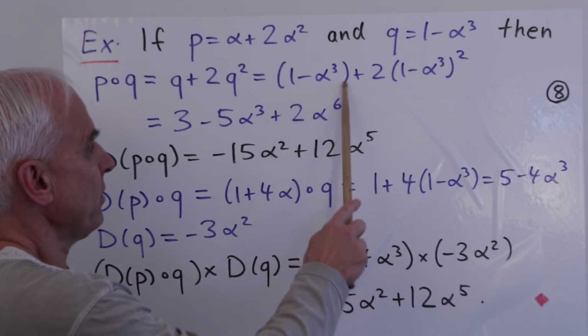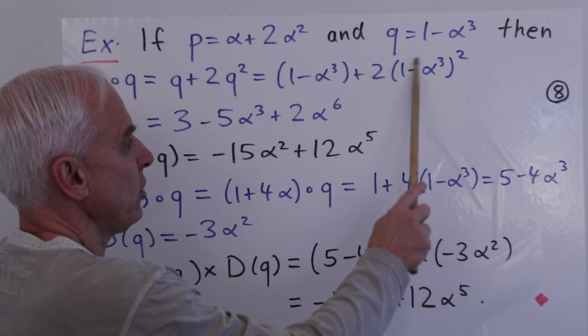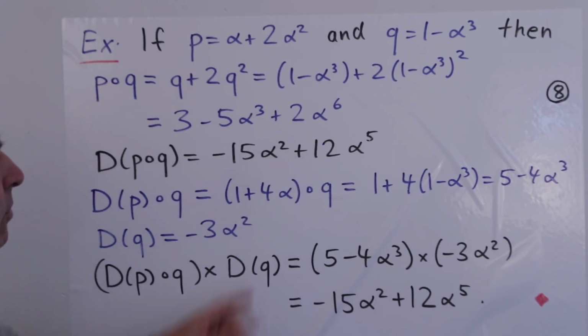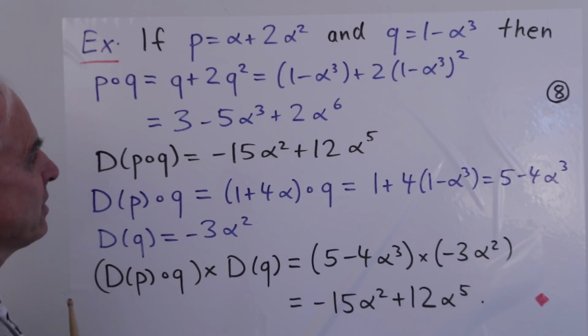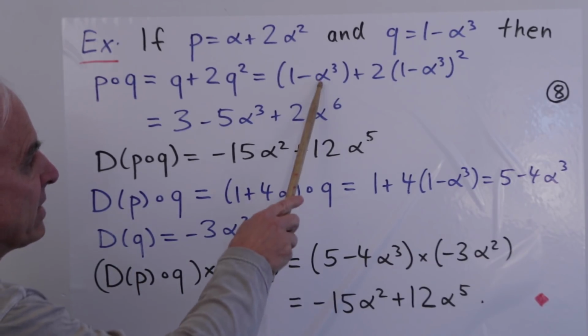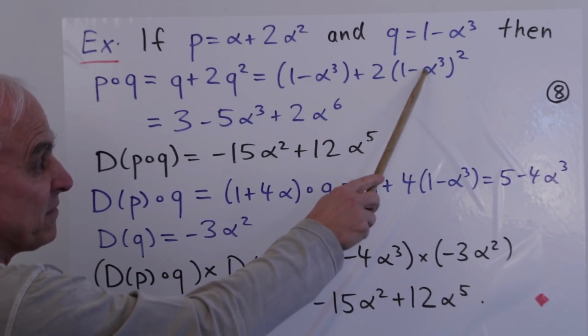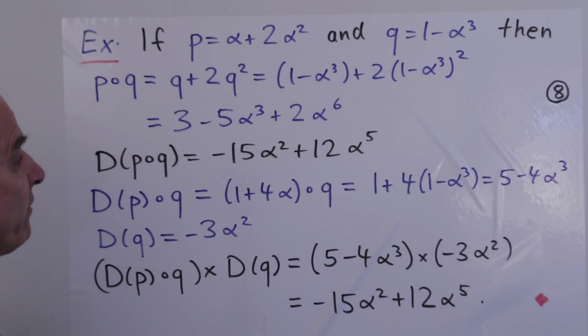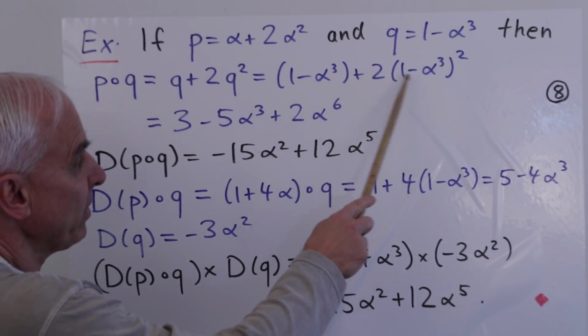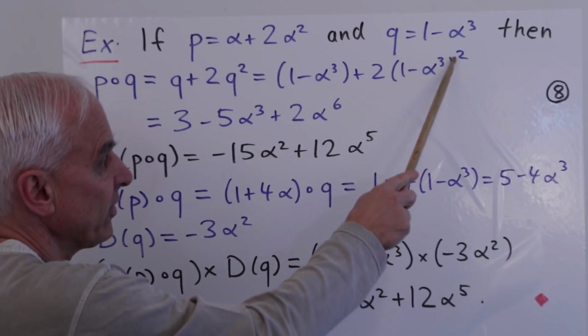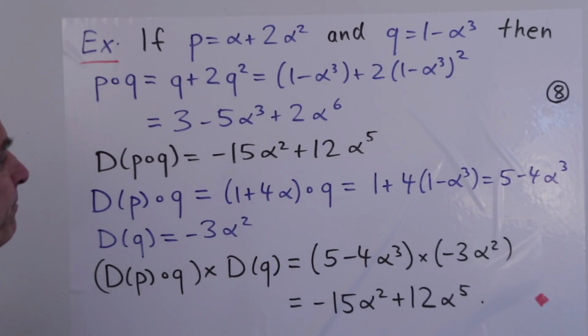We expand this out and we get 3, it's constant. And how many alpha cubes? There's minus alpha cubed there, and minus 4 alpha cubed here, so minus 5 alpha cubed altogether. And then also plus the alpha to the 6 that appears here, times 2.